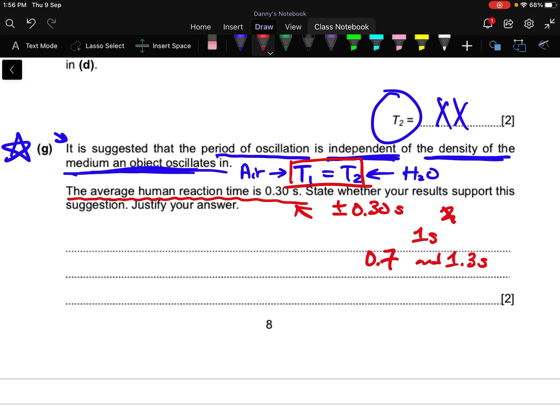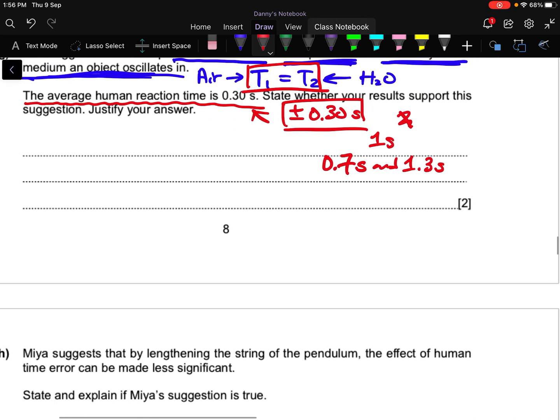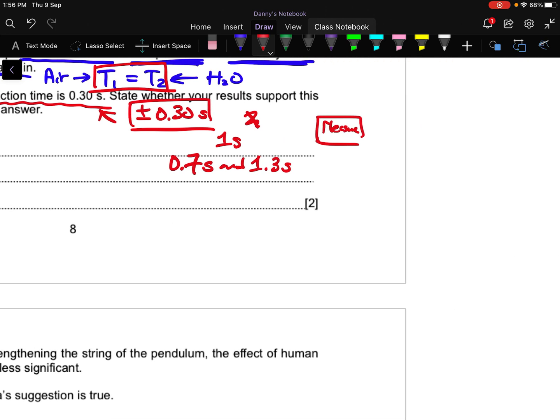So you may get something like 0.7 seconds. This is the meaning of plus minus. And they are not saying that your reaction time must be in multiples of 0.3. It can be 0.2, it can be 0.1. In other words, they are trying to say that if you have a certain measurement, your actual timing would have a range of minus 0.3 and plus 0.3.